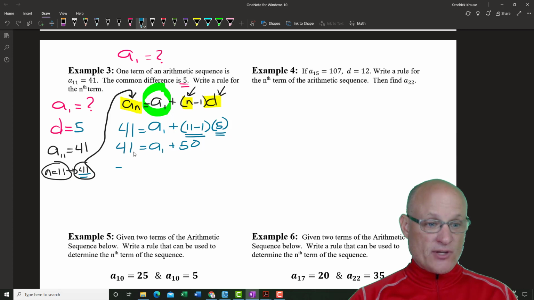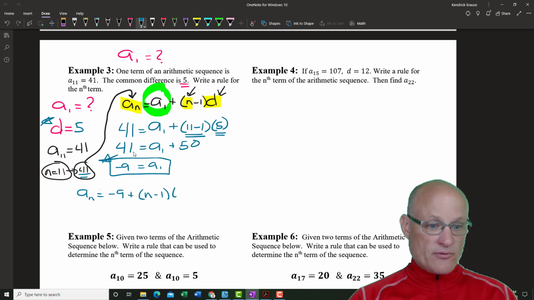Subtract 50 from both sides, and I get a sub 1 equals negative 9. So now I have the two things I need, and I'm ready to write my formula. We're going to go a sub n equals negative 9 plus n minus 1 times 5.